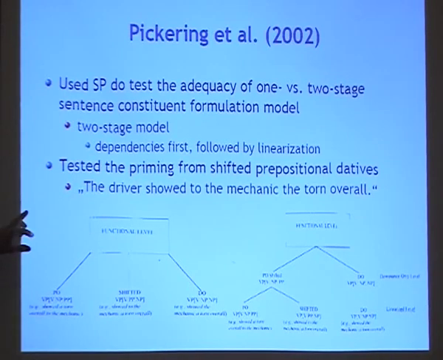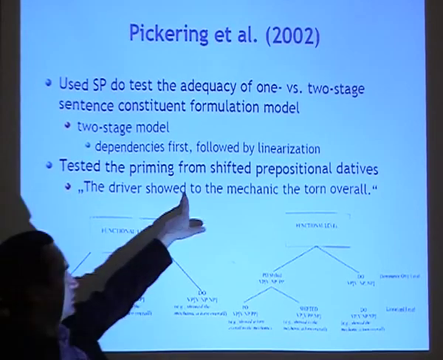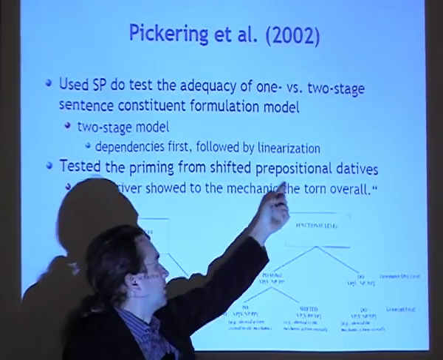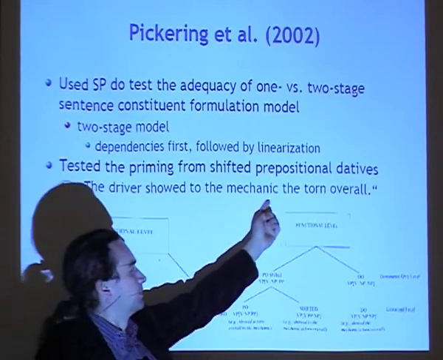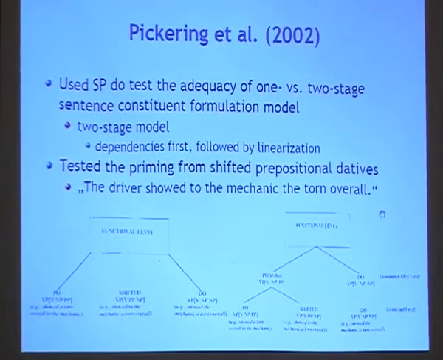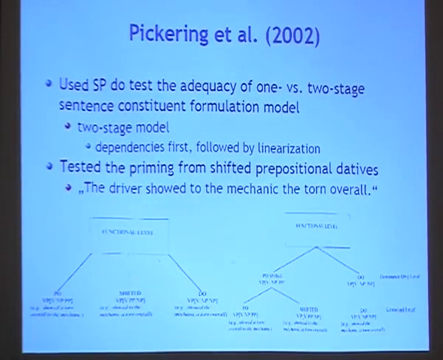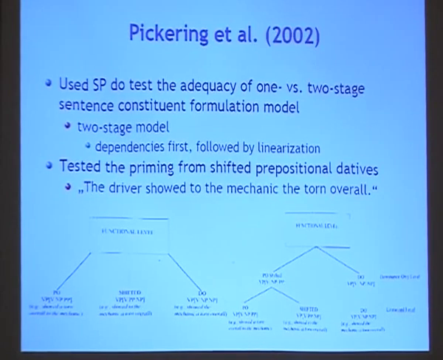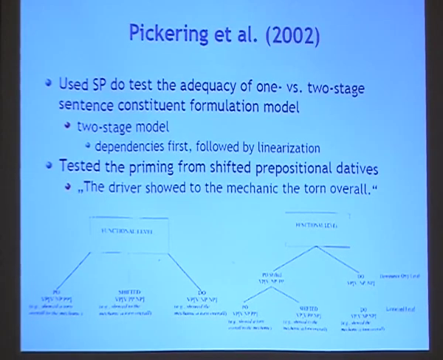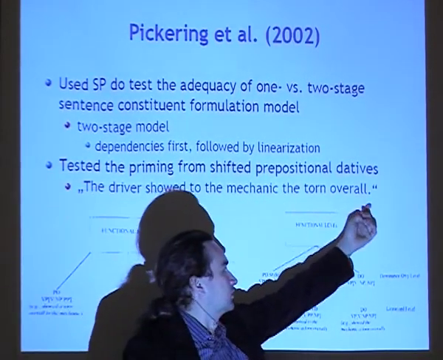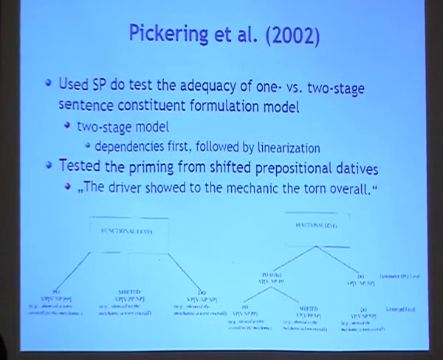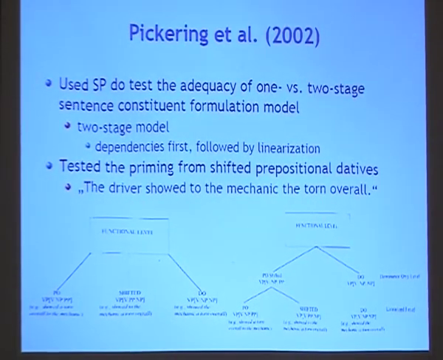So in English, this is possible, even though it's not preferred, if the recipient is substantially shorter than the direct object. So saying something like "the driver showed to the mechanic the torn overall" is used for stylistic reasons when there is a heavy noun phrase in the direct object.